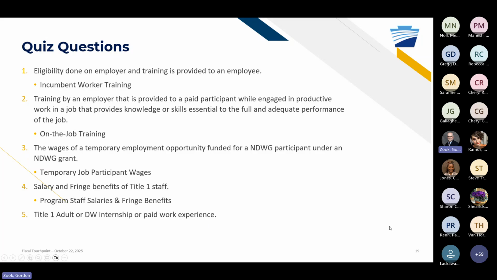Title I adult or DW internship or paid work experience. B3.